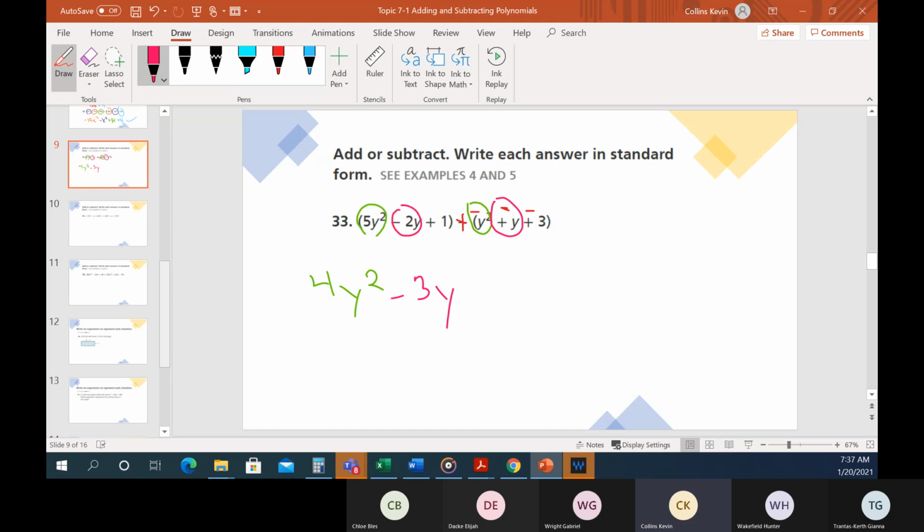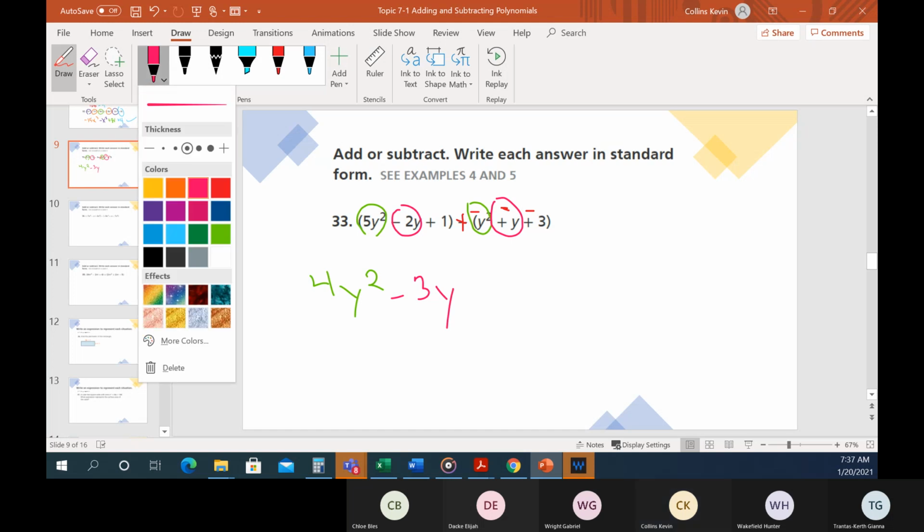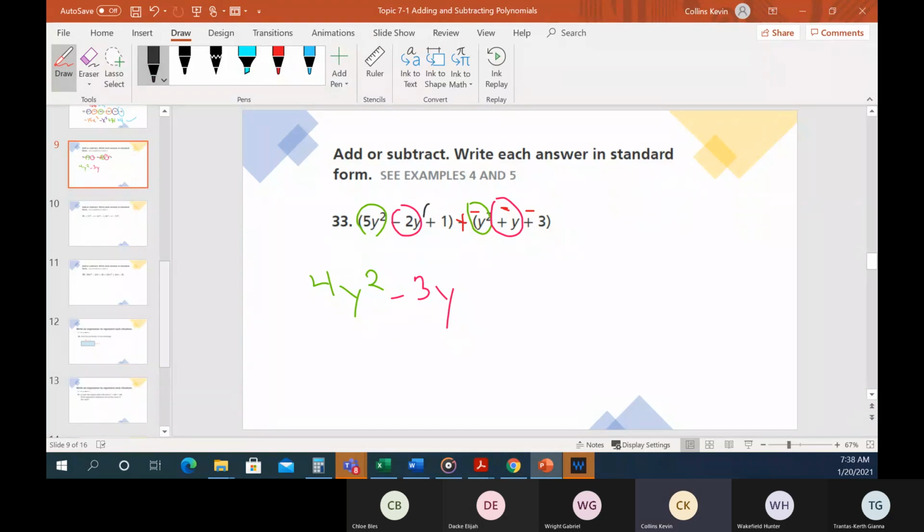And then last we've got the numbers here. So I've got a plus 1 and a minus 3. So 1 minus 3, that's minus 2. And there's our guy. So with the subtraction, obviously, you got to watch your signs a little closer. Questions on that one?